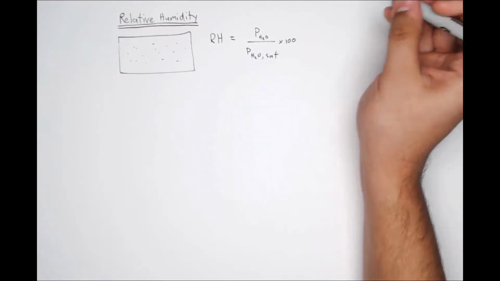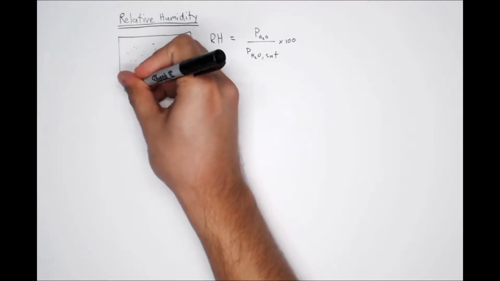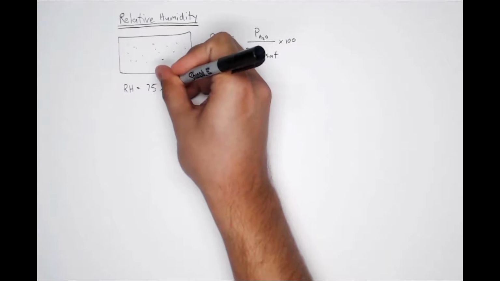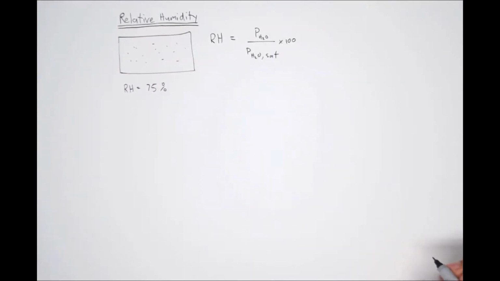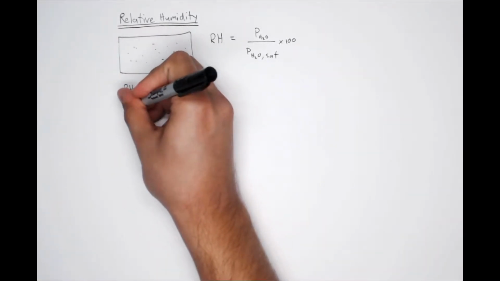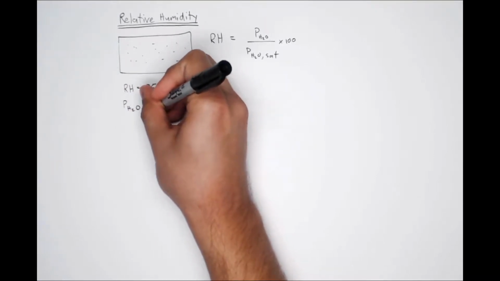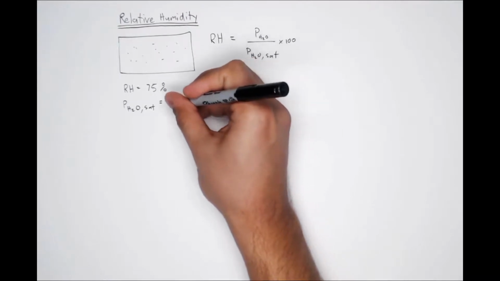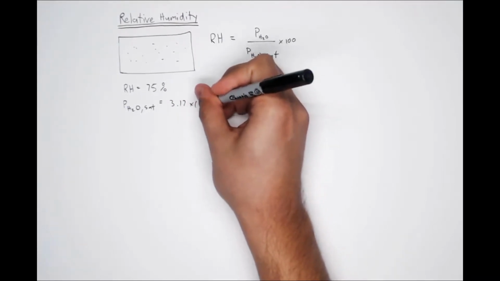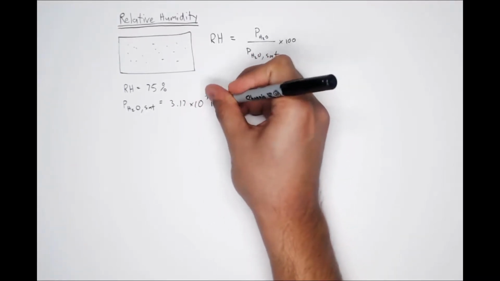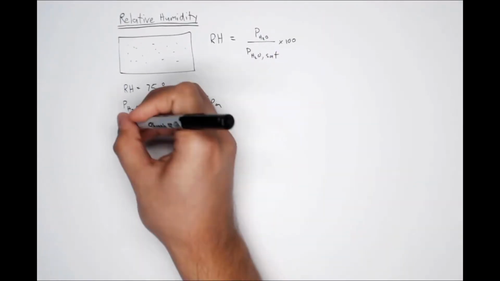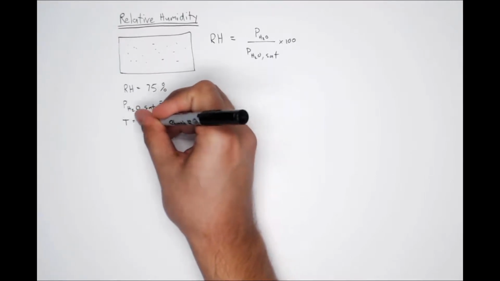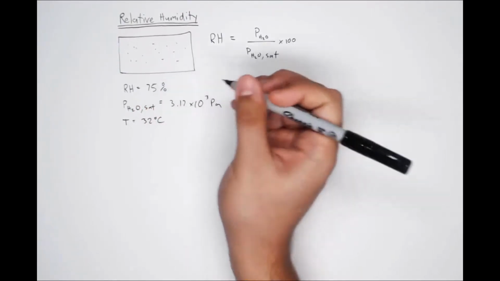So suppose we had a case where the relative humidity was given as 75%, which is fairly high, and we had that the saturated vapor pressure of water is going to be 3.17 times 10 to the third pascals. And let's assume that that is at the temperature of the room, which is going to be 32 degrees Celsius.